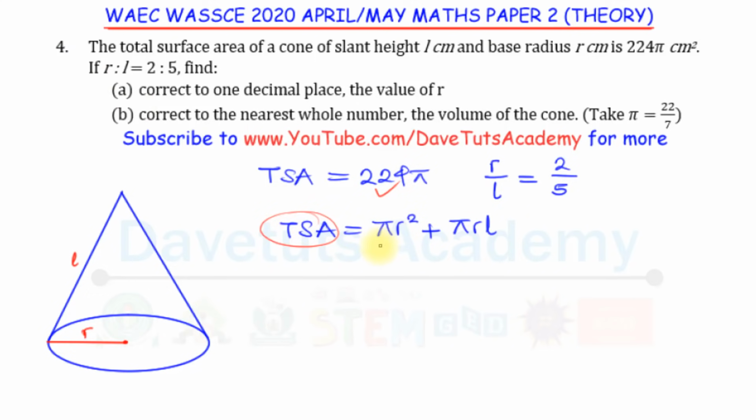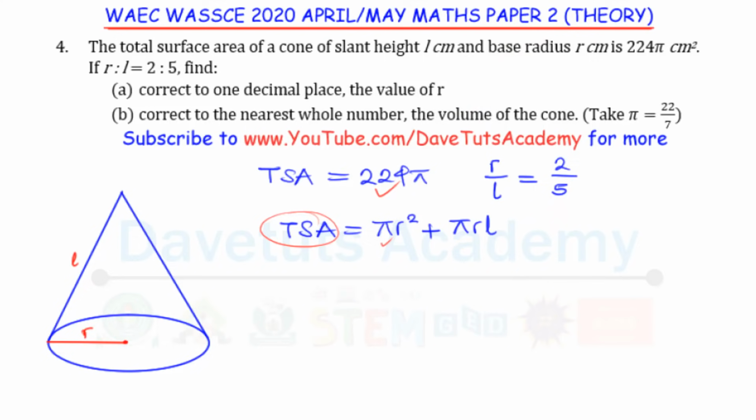We have pi, so we don't have a problem with that. But R and L are expressed with respect to one another. So what would be ideal is to express one of them in terms of the other. Looking at the question, we are asked to find the value of R, so we should let R reflect in the solution.